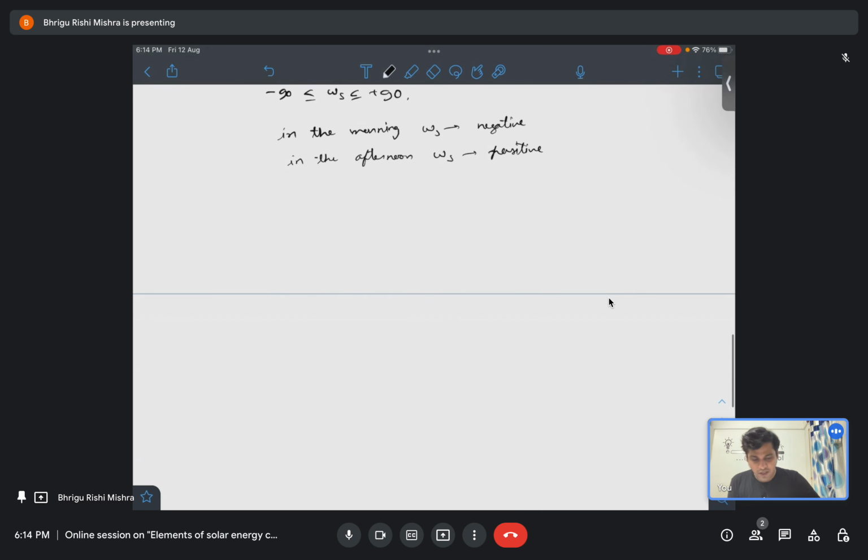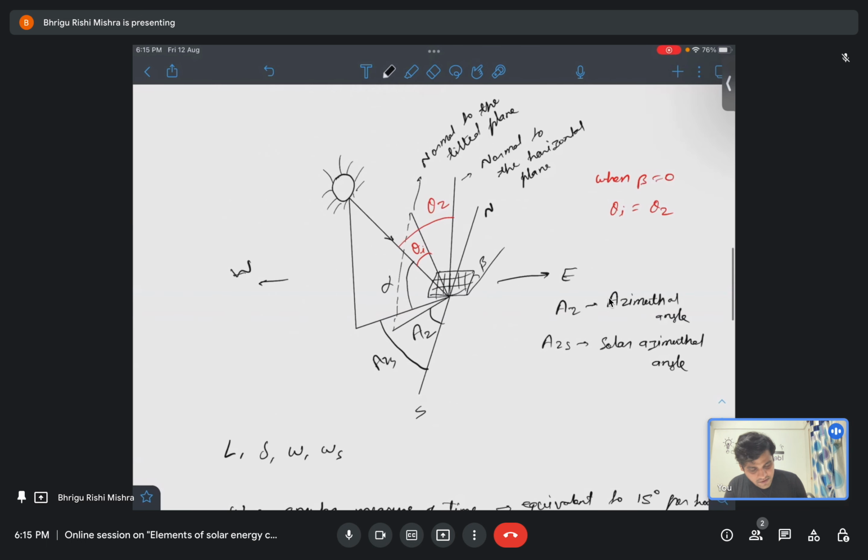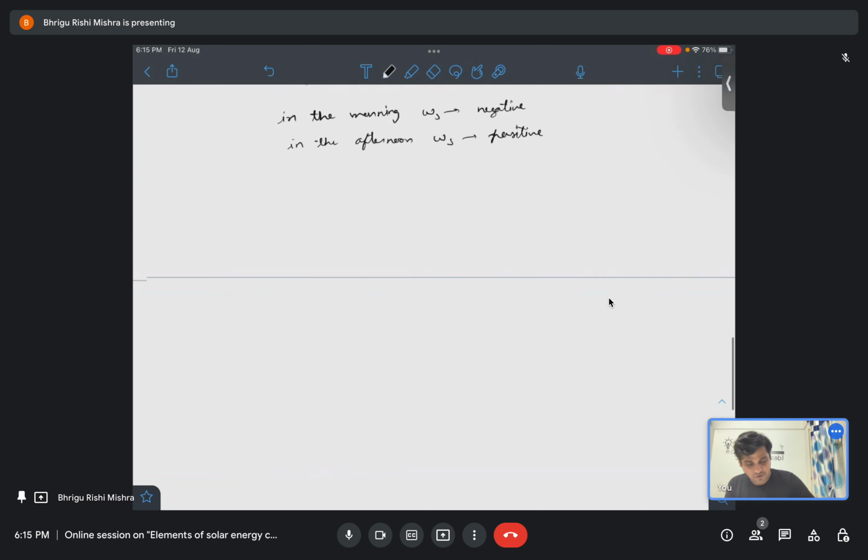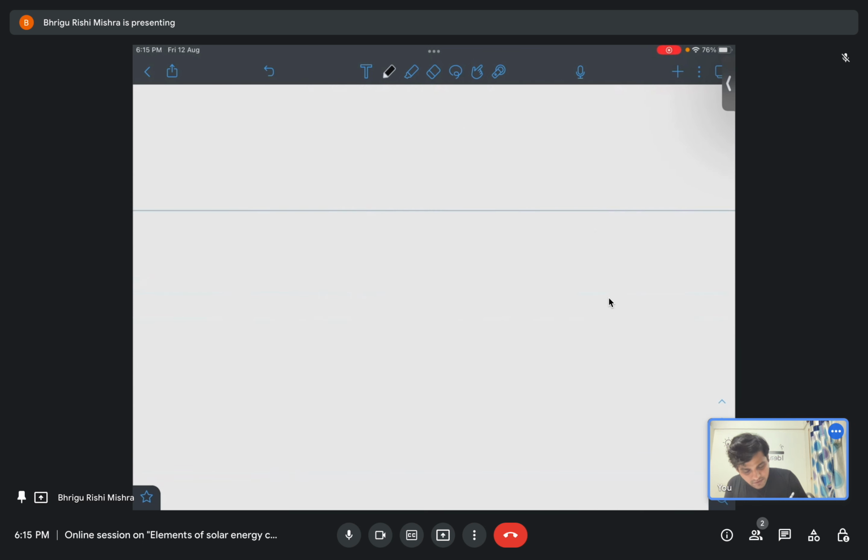Okay, so now if I want to calculate this incidence angle, when beta equal to 0, theta is theta z.